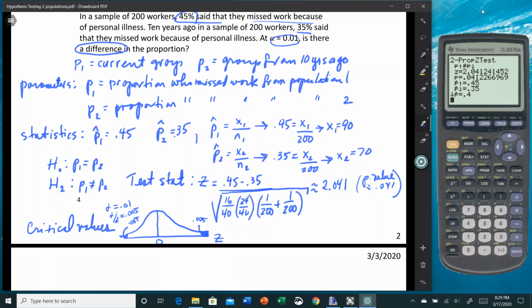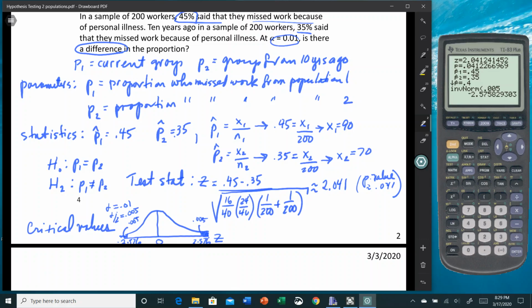So if I want to know the critical value, go to distributions, inverse norm, 0.005, and we get 2.576. So this is 2.576. This is negative 2.576.